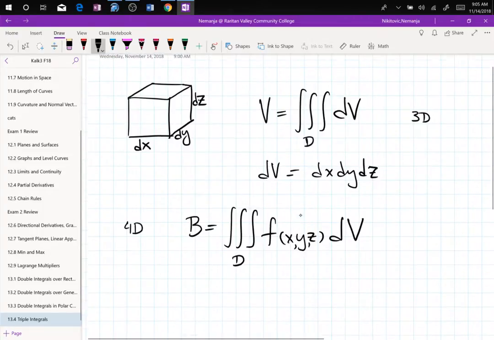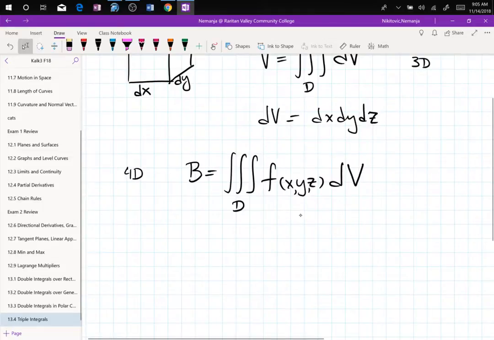Now, as with the double integrals, we are going to have the easiest basic form that covers the box, right? You have a regular box, like you look at your desks, for instance. We are sitting in a classroom that is an octagon, so I can't really use this classroom as a model, but usually classrooms are boxes with 6 sides.